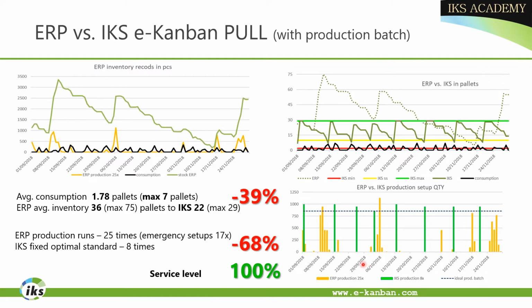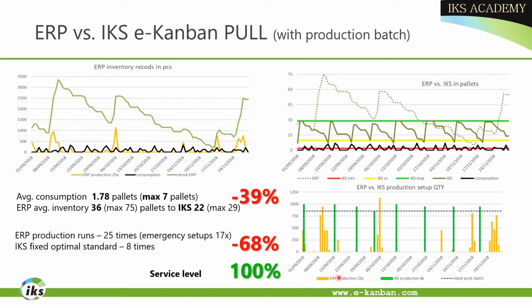So what was the side effect? We have also stabilized the production process, so that we have reduced the emergency setup times and production runs. That means no critical situations anymore, and we have reduced the extra changeovers by almost 70%.